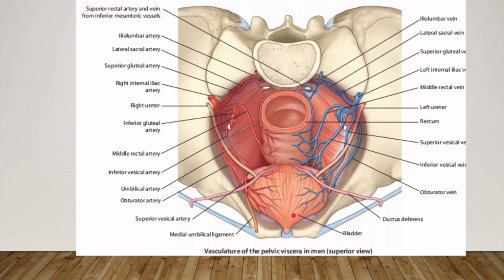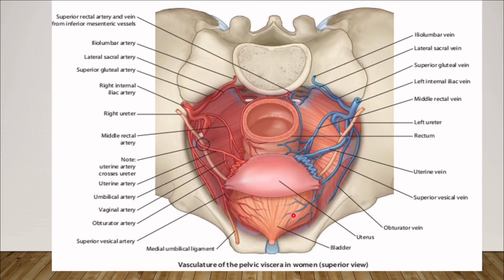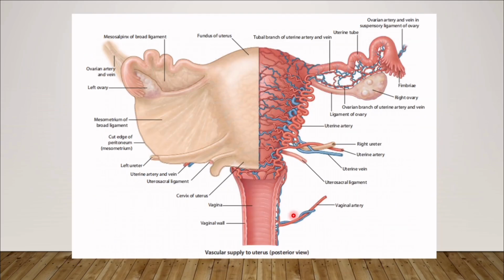So those are the arteries. We talked about the uterine artery. The uterine artery is enclosed in what is called the broad ligament. The broad ligament is like the jacket which encloses the arteries and kind of weakly supports the uterus.